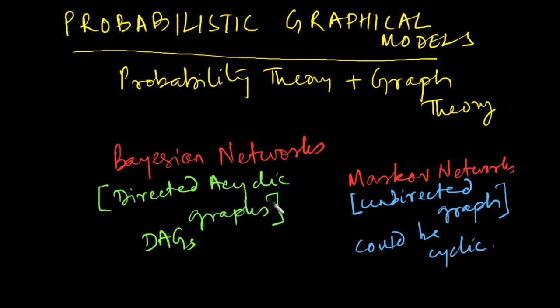That is an important advantage that directed acyclic graphs have, and they are also easy to train. So if you have a given amount of data, DAGs can learn the underlying features a lot more easily as compared to undirected graphs. But there are some problems which have cyclic dependencies, and there of course you have to use Markov networks. So in general, both of them are powerful, have their own advantages and disadvantages, but in the machine learning community, Bayesian networks are more popularly used.